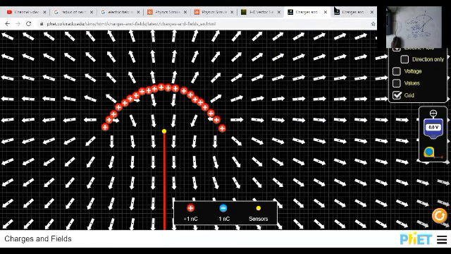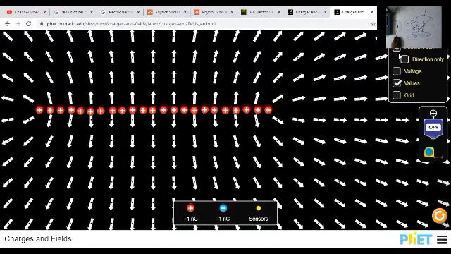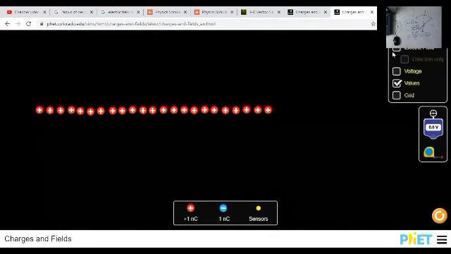Now another point we discuss is the electric field due to a finite line, at the axial point and the equatorial point.